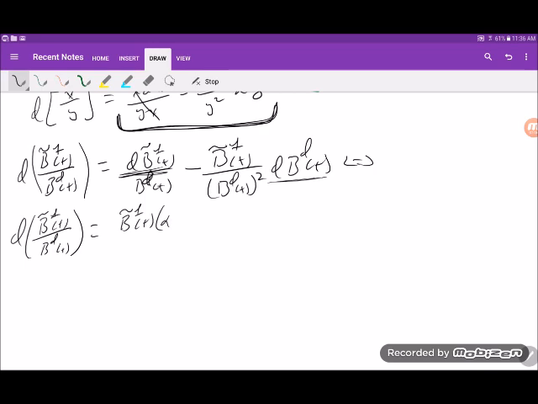It's that times alpha plus this RF dt, and this would all be over BD, but I'm just going to put it over just that term.